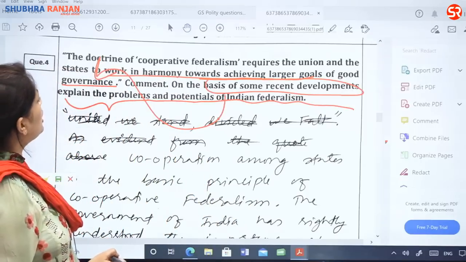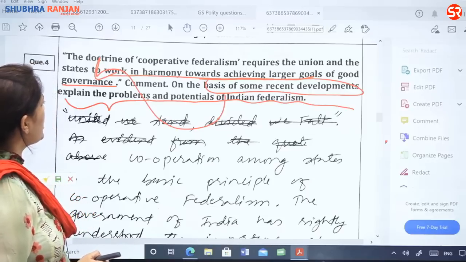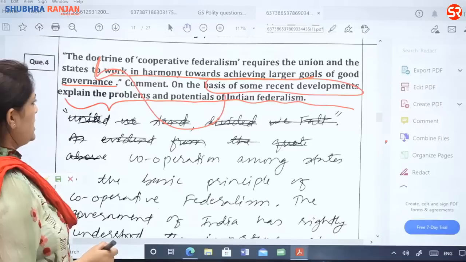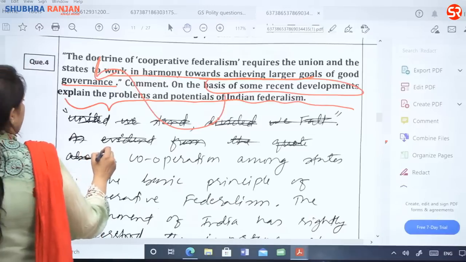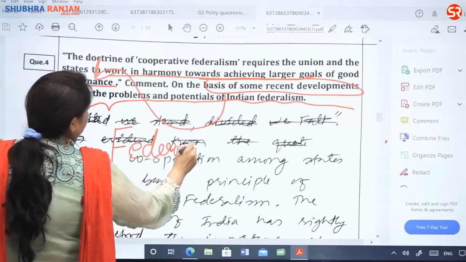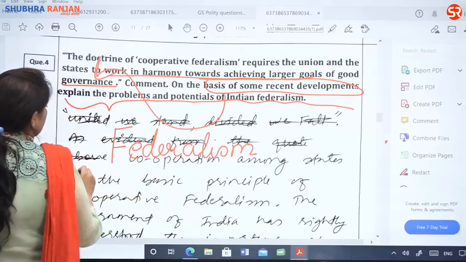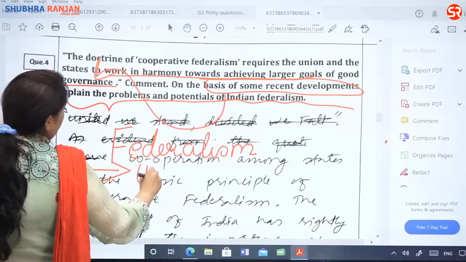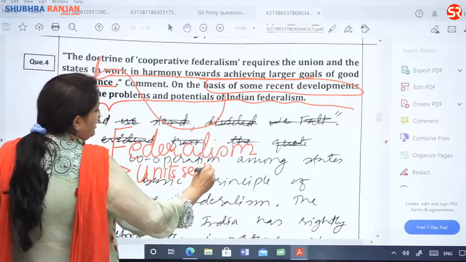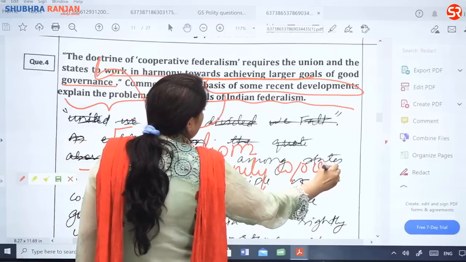Fine. So what is expected in this question? The doctrine of cooperative federalism requires union and state to work together in harmony. It is expected that a student should explain federalism, and here a student should explain that federalism is an arrangement for diverse societies where units seek unity without uniformity.